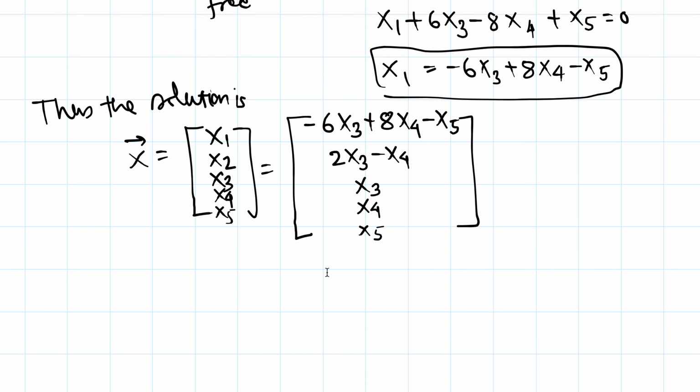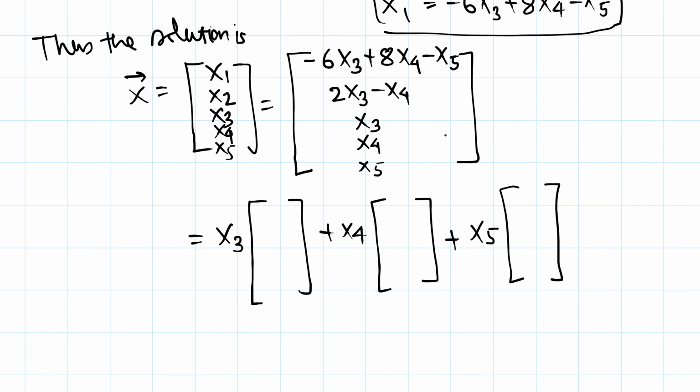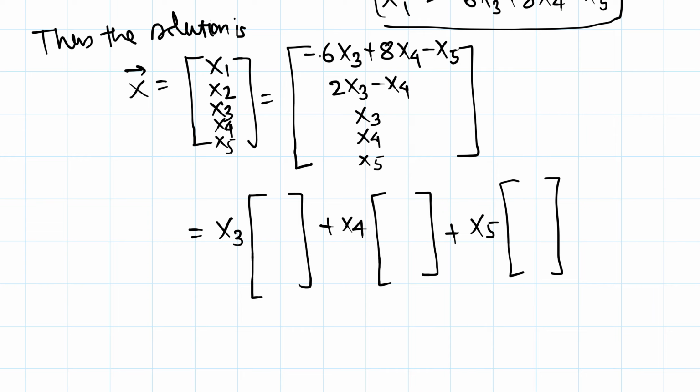Now we want to write this in parametric vector form. We got x3, x4, x5. So we can factor x3 out, and then factor x4 out, that's a free variable, and we can factor x5 out, that's another free variable. From the first, x3, how many? Negative 6 copies. Negative 6x3, 2x3, 1x3. There is no x3 in the last two rows, so 0, 0.